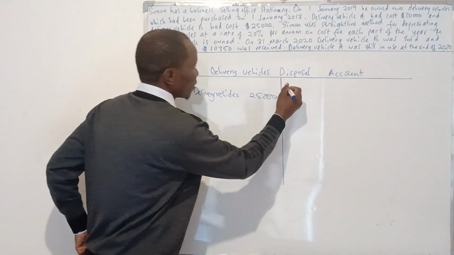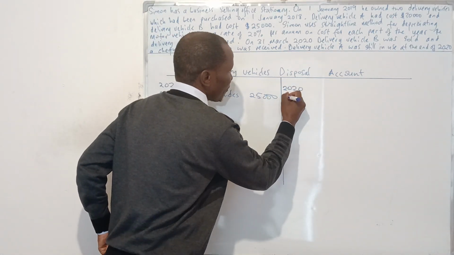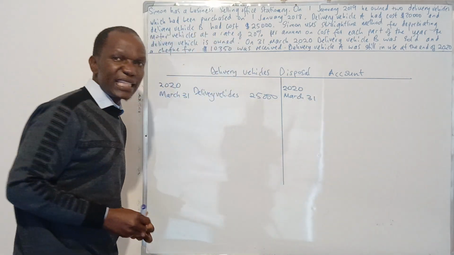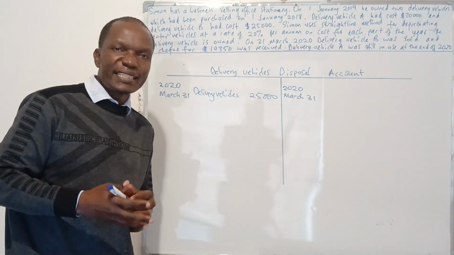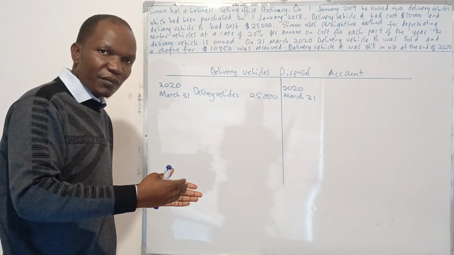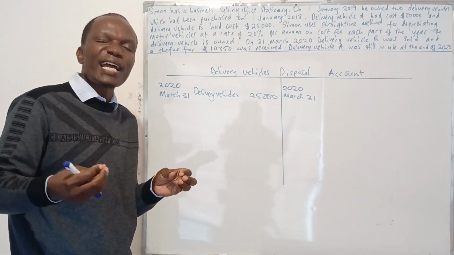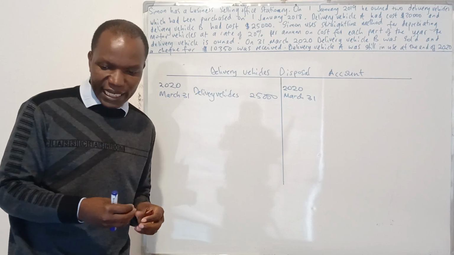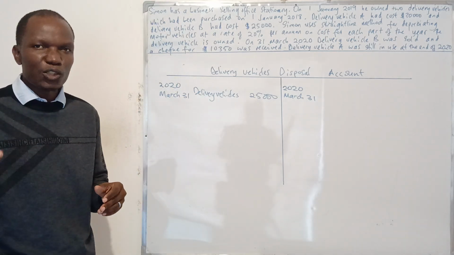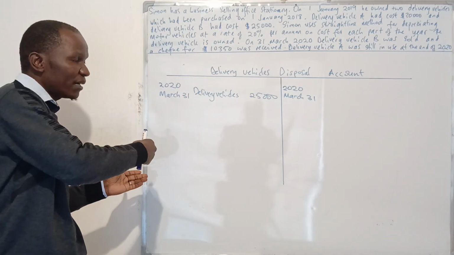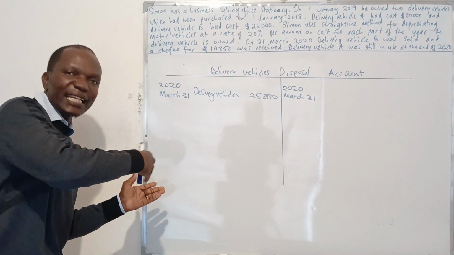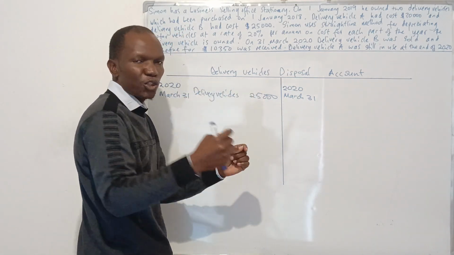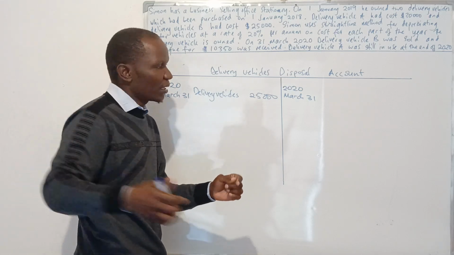Then another thing, remember I also told you about something. On the same date, 2020 March 31, we said that in the provision for depreciation, we debited the provision for depreciation with the total accumulated depreciation for this motor vehicle, if you remember. And it was 11,250 in total. So we debited the provision for depreciation, and we have to credit the corresponding entry, the disposal account, with the total accumulated depreciation.